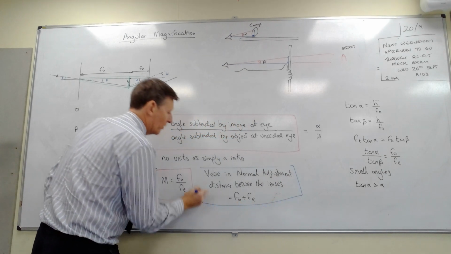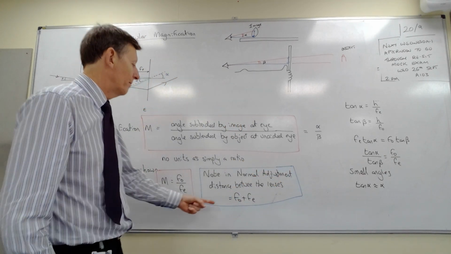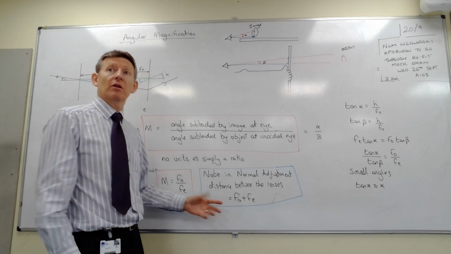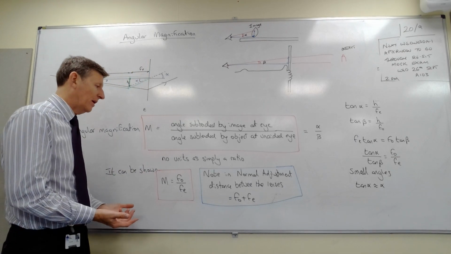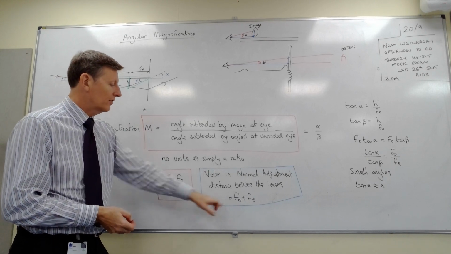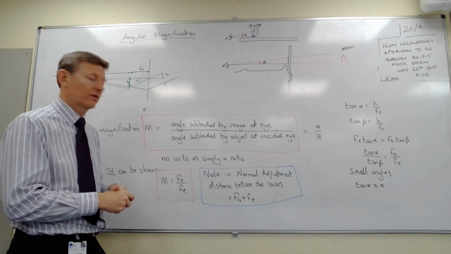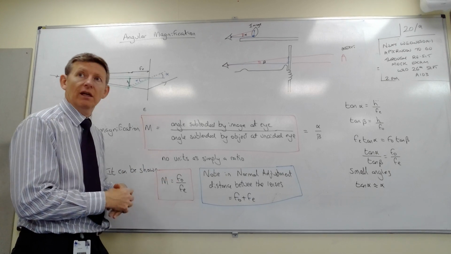Now I'm putting a blue box around that because it's not on the formula sheet or anything, but it is an equation you need to remember. Because what you can do is you can give people a magnification and the total distance between the two lenses, and then you get a pair of simultaneous equations to solve to find FO and FE.